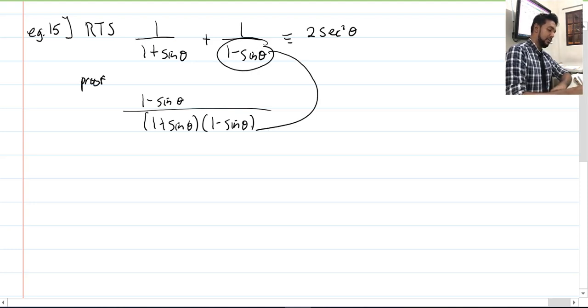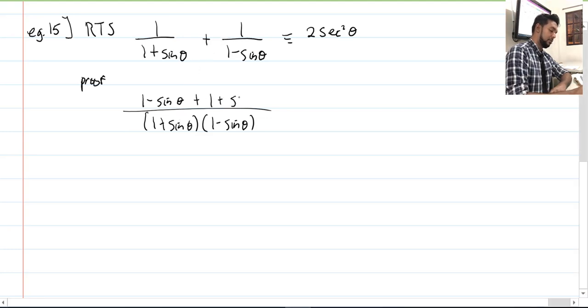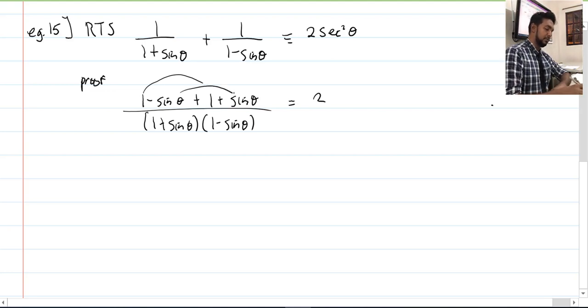Similarly, 1 minus sine theta into that denominator will give us 1 plus sine theta, and multiply that by 1, we get just 1 plus sine theta. Now here, 1 plus 1 will give us 2. Minus sine theta plus sine theta will cancel to 0, yeah?